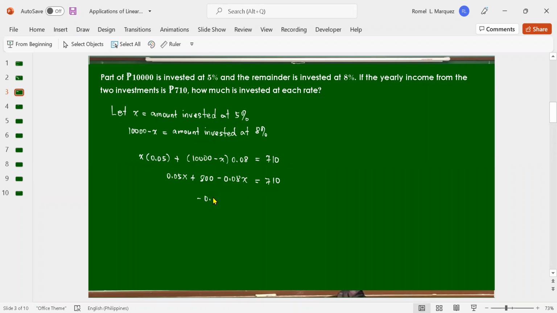So negative 0.03x is equal to negative 90. Am I right, guys? So 90 divided by 0.03. What is that, guys? 3,000, no? So therefore, what is our conclusion?